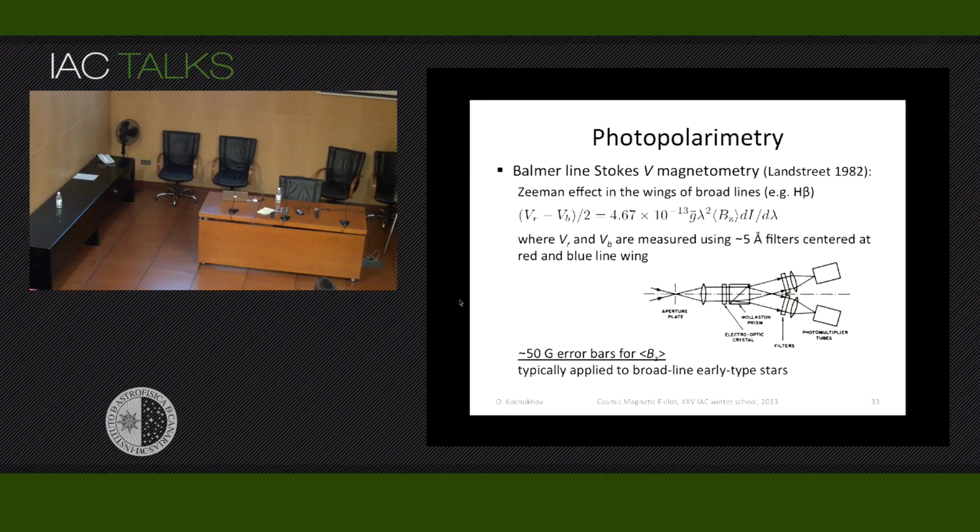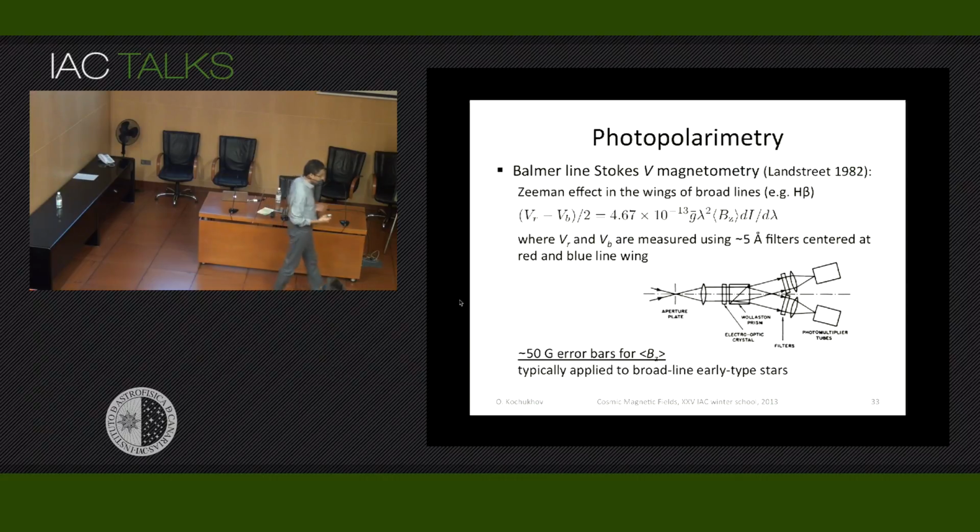So what is photopolarimetry? It is a technique where we try to measure the Stokes V signal in the wings of broad lines, or in principle any lines. This technique was first used in the 70s, described in this paper.